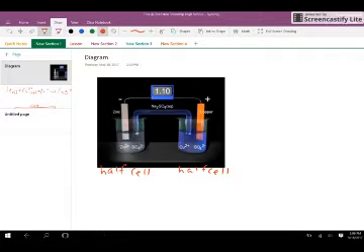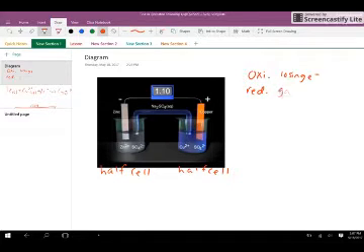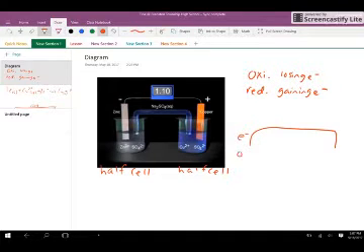So if you have an oxidation reaction that is losing electrons, and then a reduction reaction that is gaining electrons, that means that if one thing is losing electrons and another thing is trying to gain some electrons, the electrons can flow from the oxidation to the reduction right here.